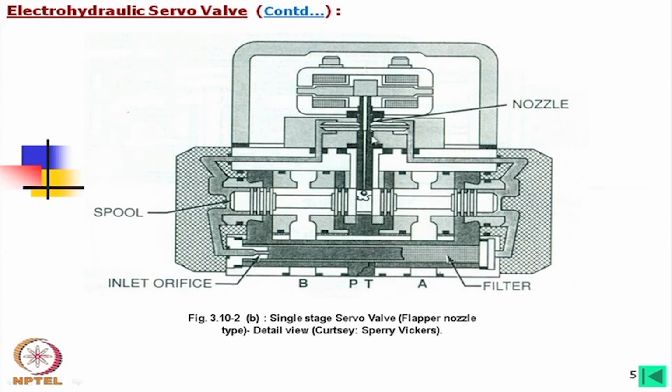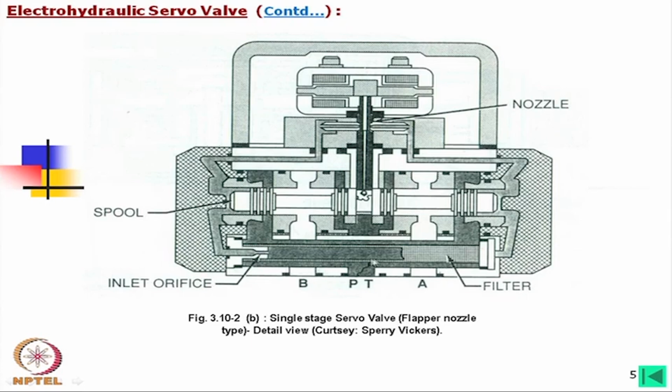Now, as you see, in these details this is the spool, this is the valve body and this is the spring. This is the flapper and this is the spring, and then this is the armature torque arm, and essentially a filter is always used.